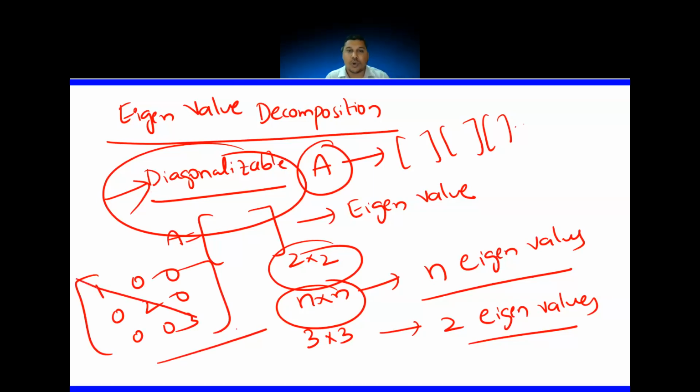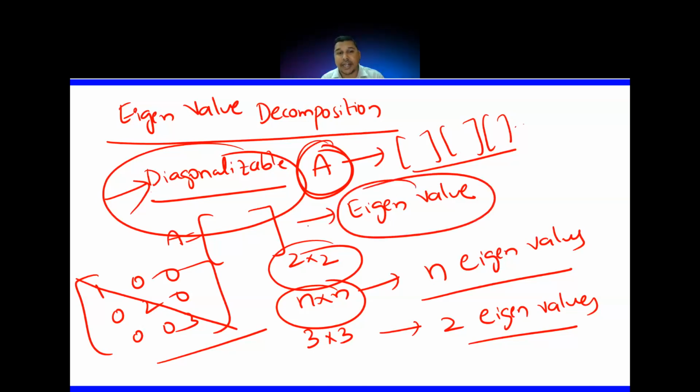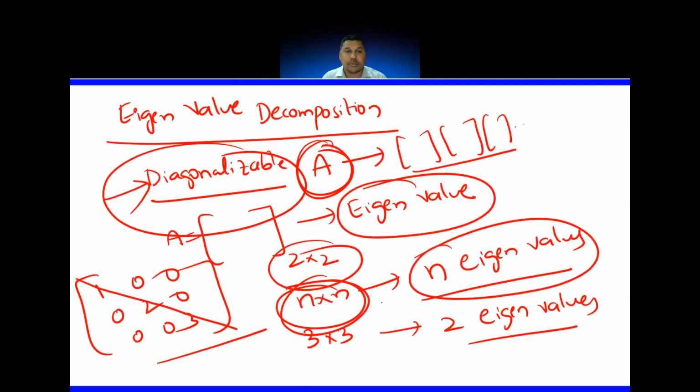So I have a diagonal. I should be able to represent matrix A into different matrices where at least one matrix has only diagonal elements. That is possible only when you have real eigenvalues. And if the dimension of the matrix is n cross n, then you should have n eigenvalues. This is the property of being diagonalizable.